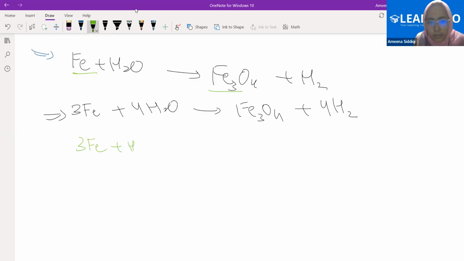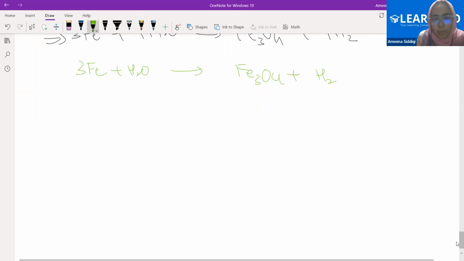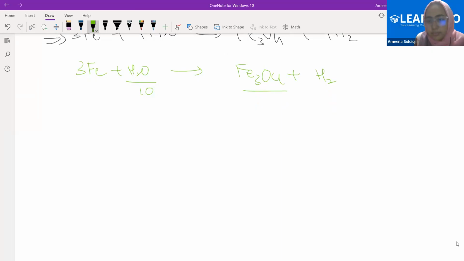Yes, ma'am. So we get something like this. Now from this equation, we'll have to check. So 3Fe plus H2O. What do we need to balance now? Oxygen. How many oxygen atoms here? 1. How many here? 4 oxygen atoms. Balanced or not? No, not balanced.